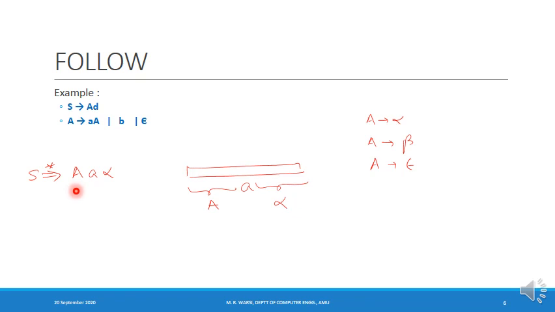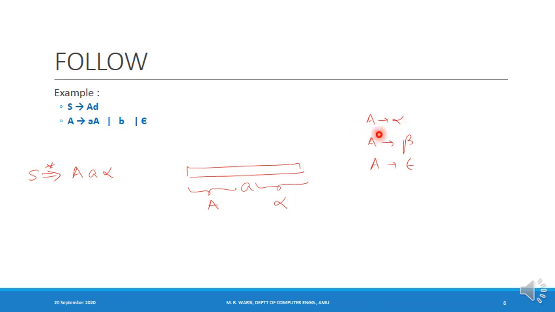Question now is, which production of capital A should I use for expanding the capital A? Whether to use the first one, capital A derives alpha, or to use the second one, or to use the third one. If this component has got to be derivable from the first production, this component should begin with the symbol which is there in the first of alpha.